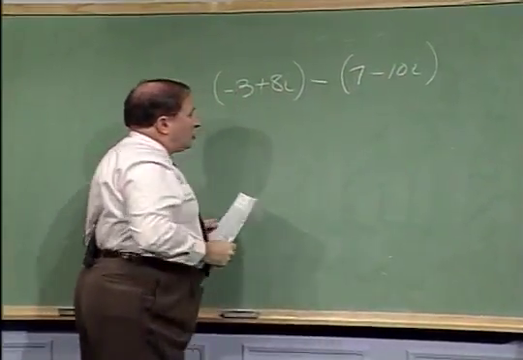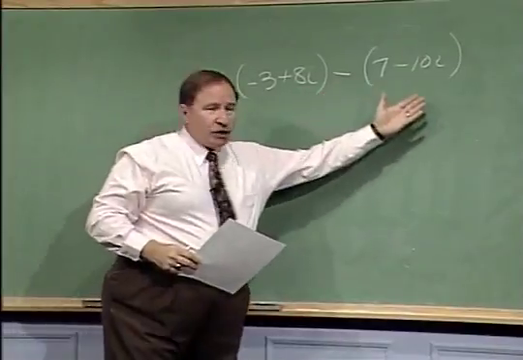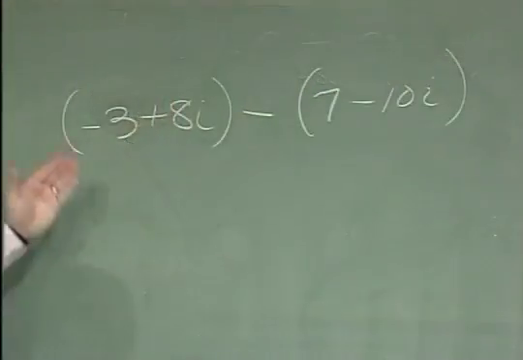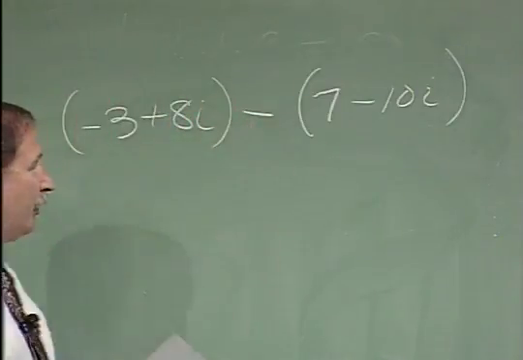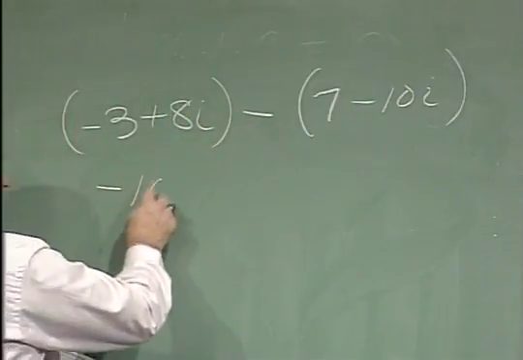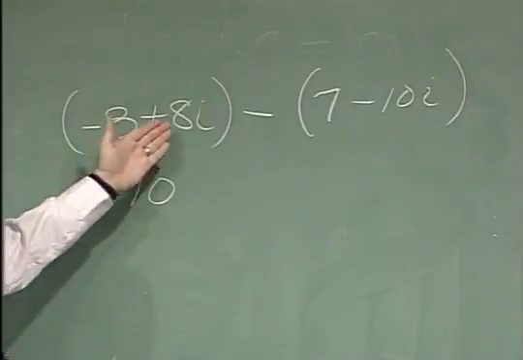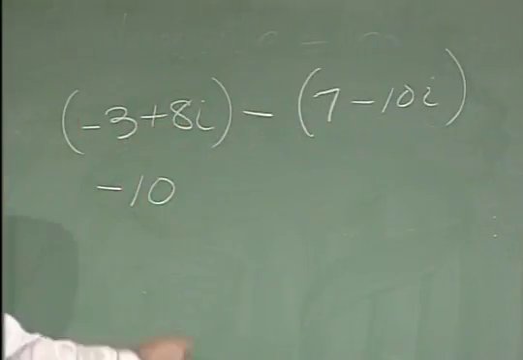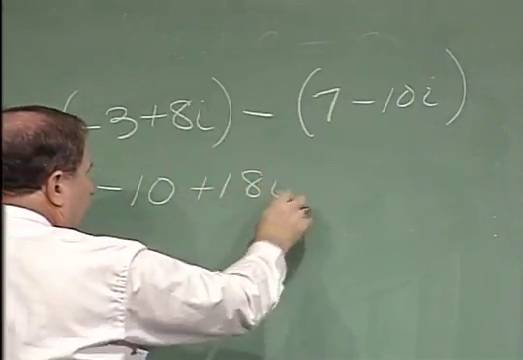Now, depending how you learn to do this, you could change all the signs in the second number and add, or we could just subtract. The negative 3 minus 7, you'll recall, is negative 10. And an 8i minus a negative 10i is the same as 8i plus 10i, so that's plus 18i.